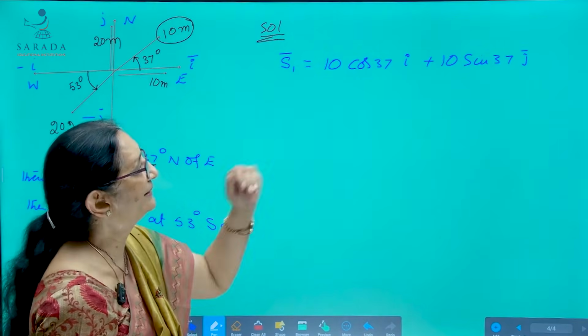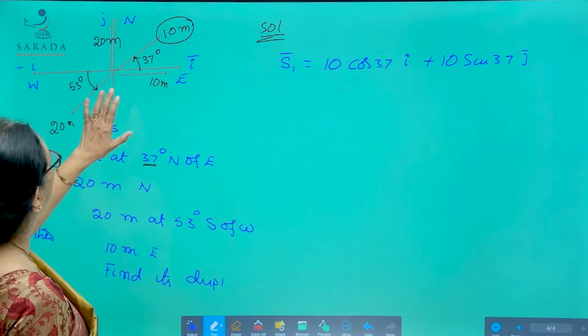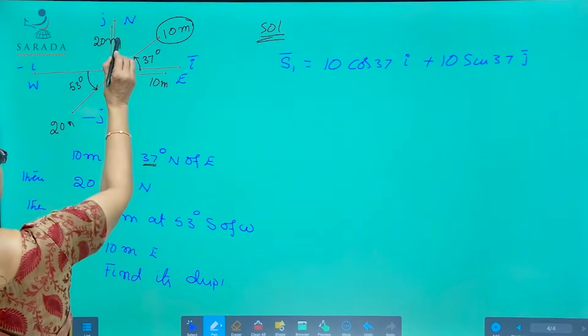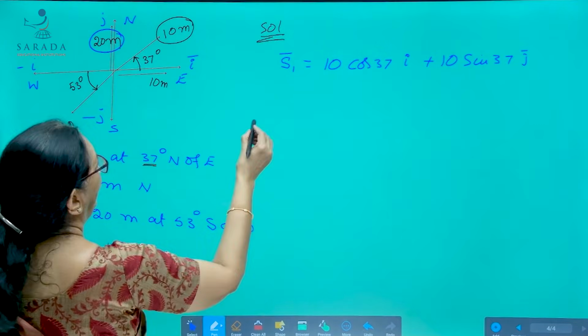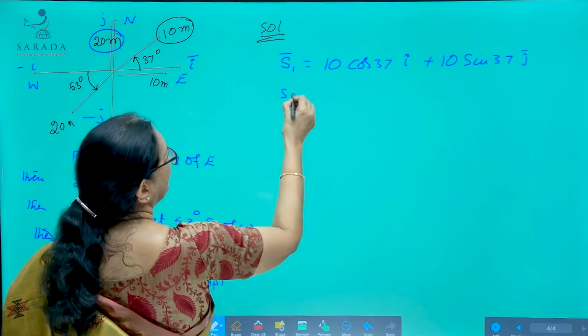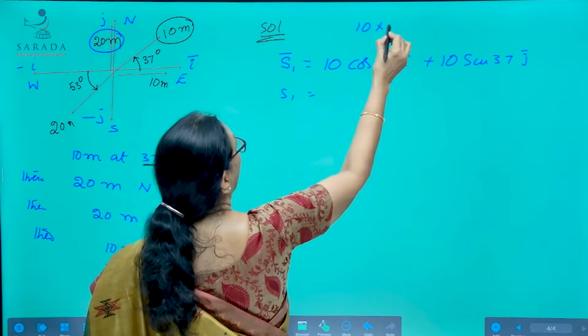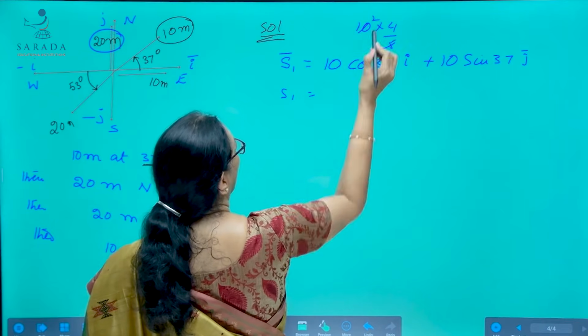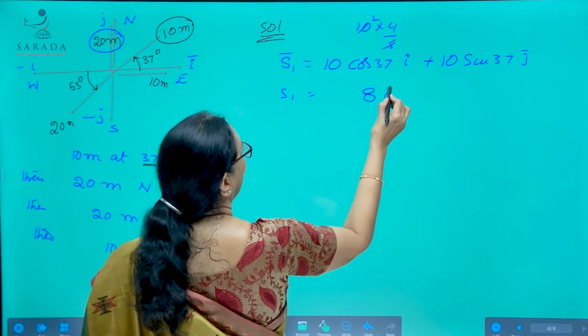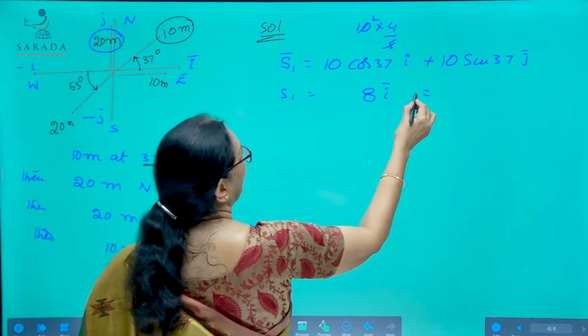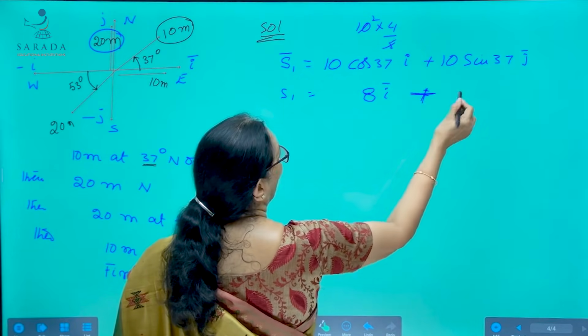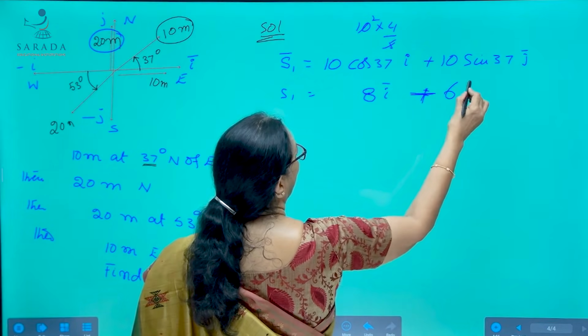Let us first simplify this one. Cos 37 is 4 by 5, so it is 8 I bar. Sin 37 is 3 by 5, it is 6 j bar.